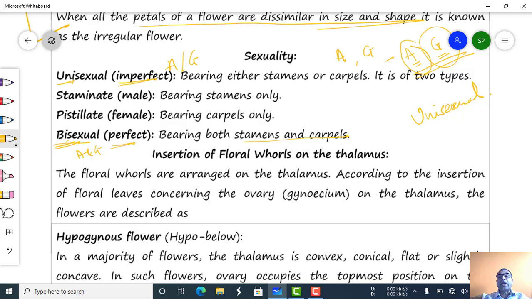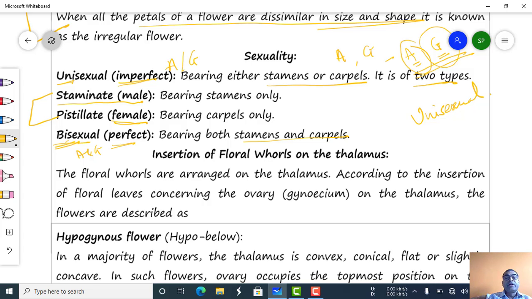So bearing either stamen or carpel, and therefore it becomes two types: male flower or staminate flower, or female flower or pistillate flower, or this one is also called a carpellate flower.